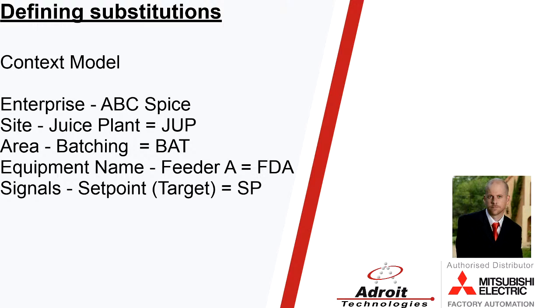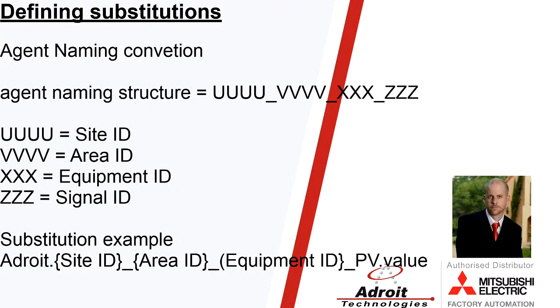So once we've defined this context model, what we can then do is go along and use it to define a naming convention. You'll see inside here that I've got an agent naming structure that I've defined in my document. In this case, it has four parts.